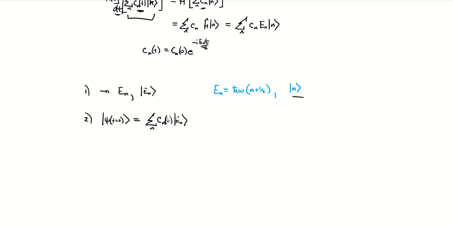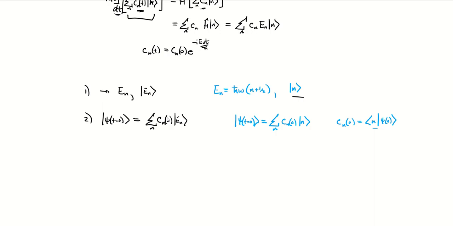And again, in our simple harmonic oscillator, this means take psi at t equals 0 and write it as a linear combination of those energy eigenfunctions. And we also know that those Cn at zeros are just the projection of our state wave function at t equals 0 onto those energy eigenbases.